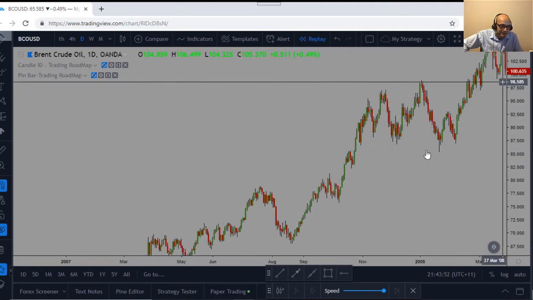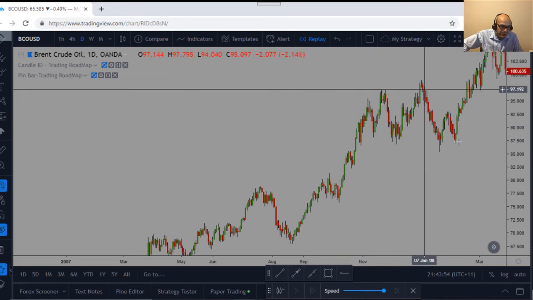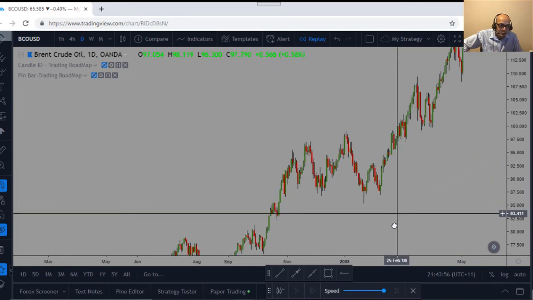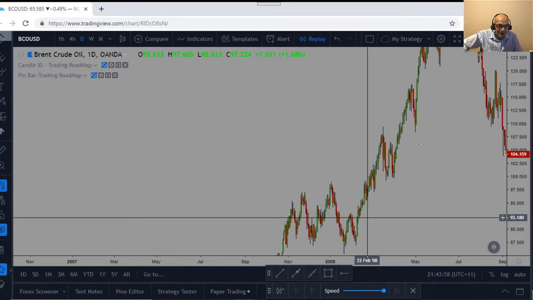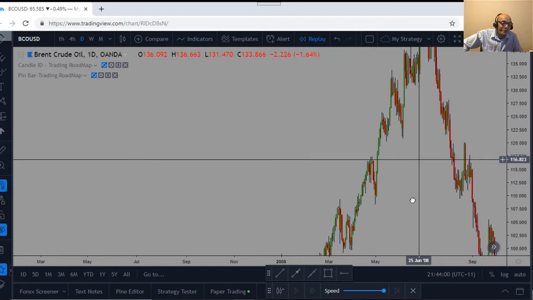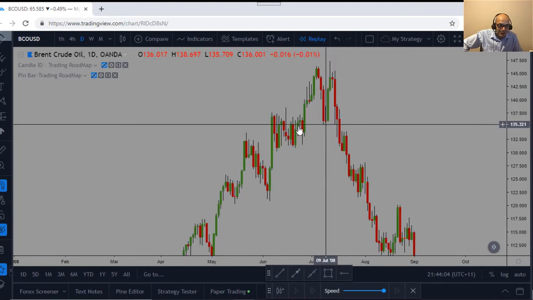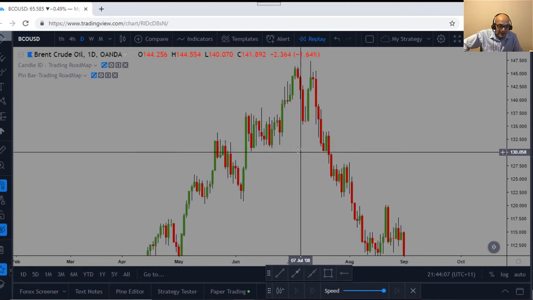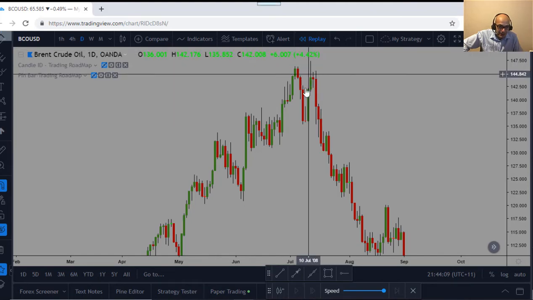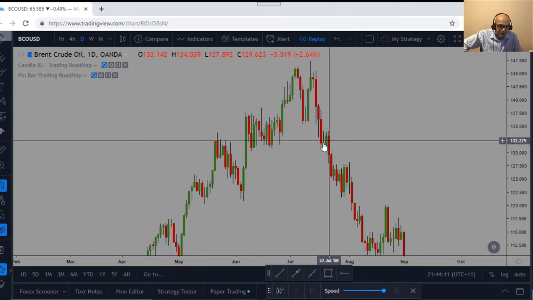If you're going to define it by accumulation, uptrend, distribution, downtrend, you are wrong. Here you're going to think this is distribution and we're going to sell off from here, and what happened? The price went higher and higher, and then gave you some sort of distribution. You might say sell here, no, it goes up, and then you have the sell off.